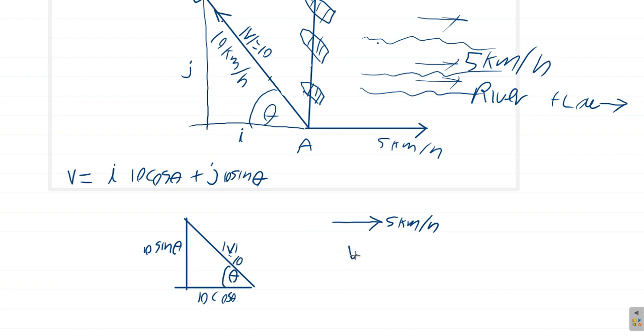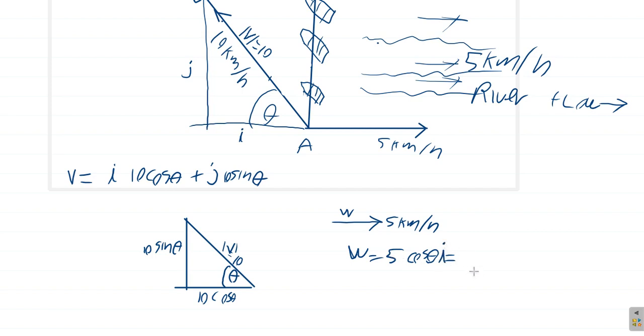Call this W, a vector that represents the river. So it's 5 cos theta. It's just 5, right? 5 cos theta would be 5 cos 0 times i.